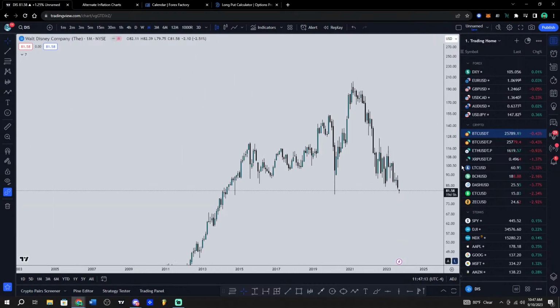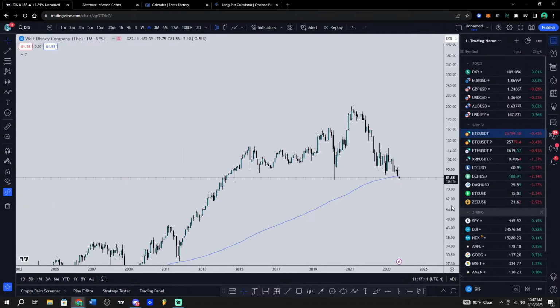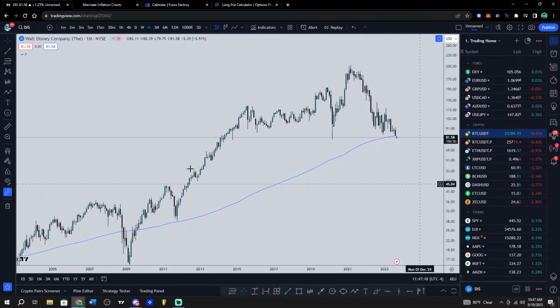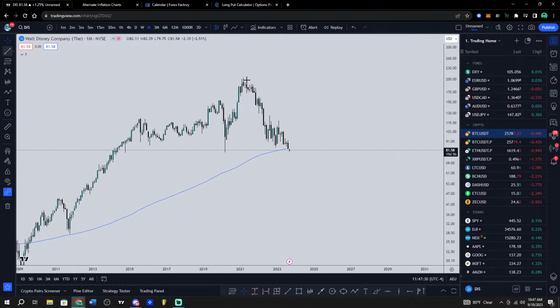Even in a violent move, it would be probably about a year, just based on how long it took to get up. Maybe 2 years. If it just kept going in the same trajectory, I mean, yeah, to $45.